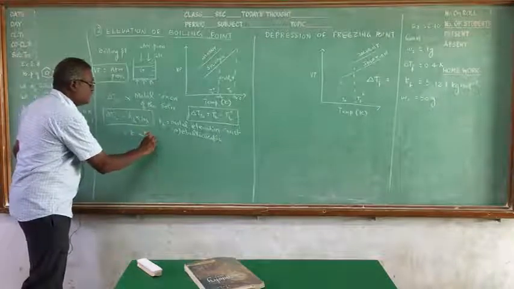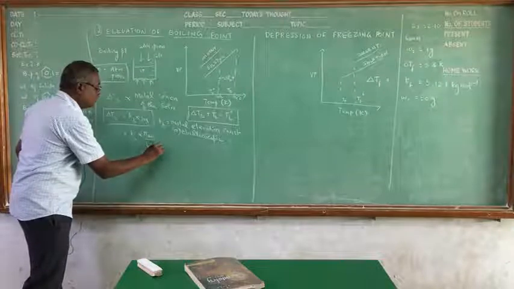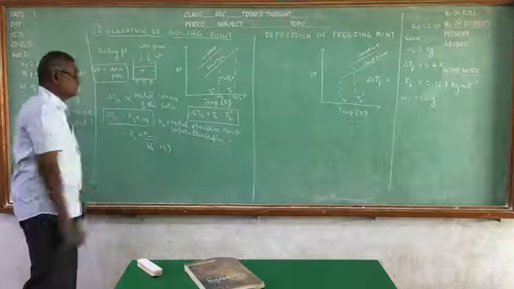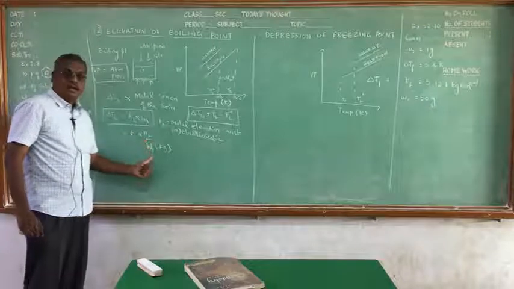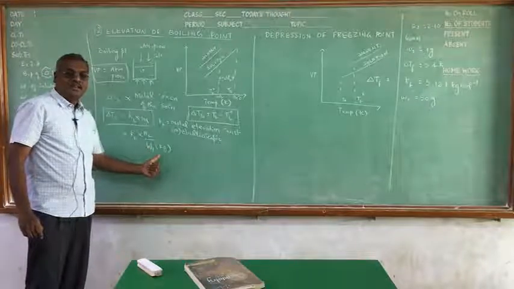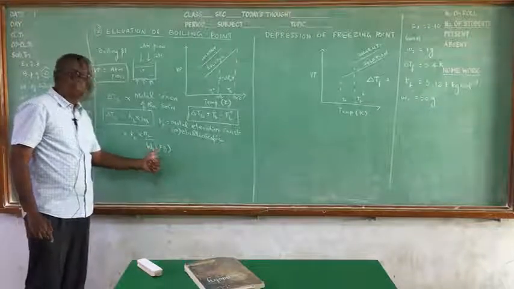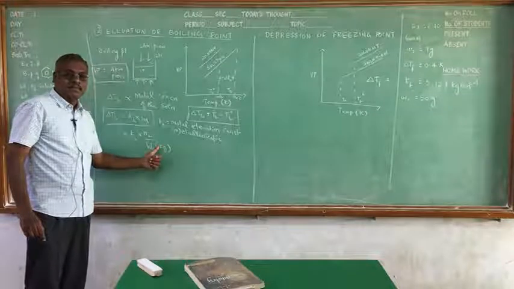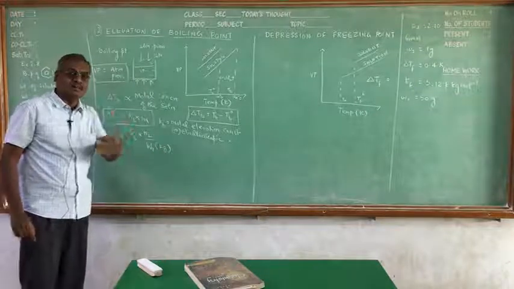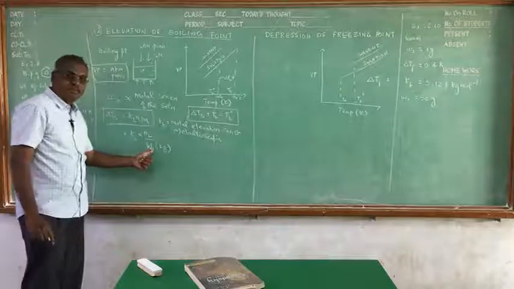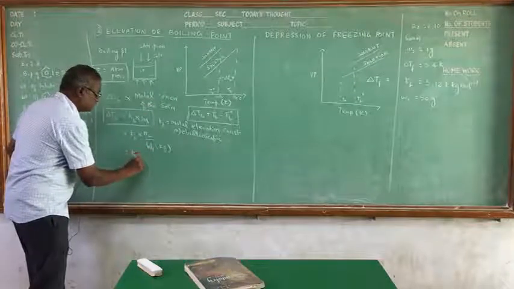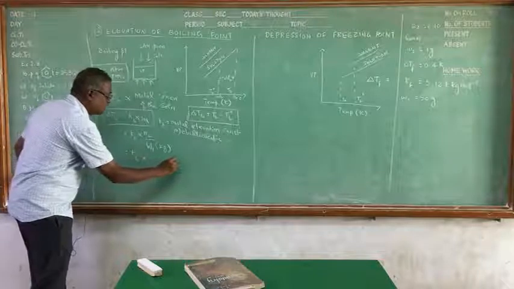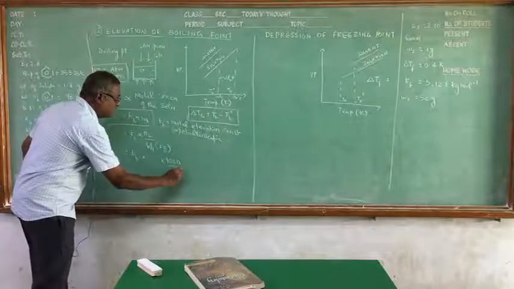Molality is n2 by W1 in kg, the number of moles of solute by weight of the solvent in kg. To convert kg to gram, since 1000 gram equals 1 kg, we divide by 1000, so that 1000 goes to the numerator, divided by W1.